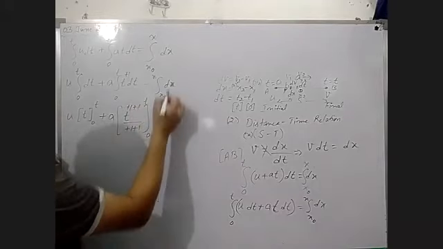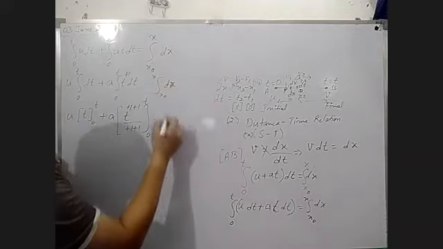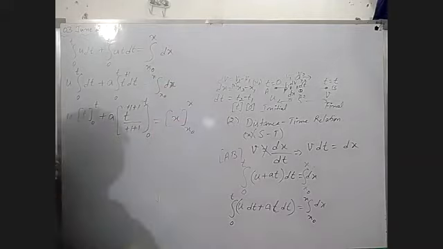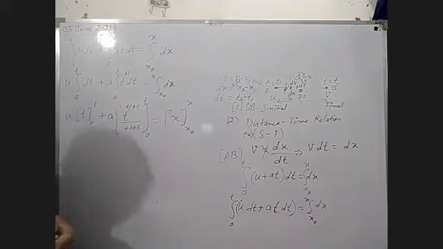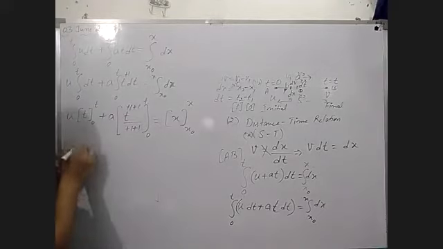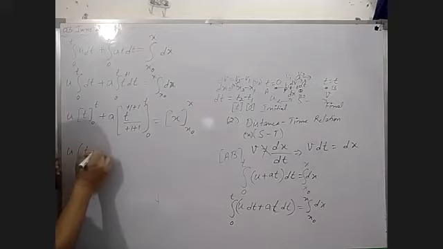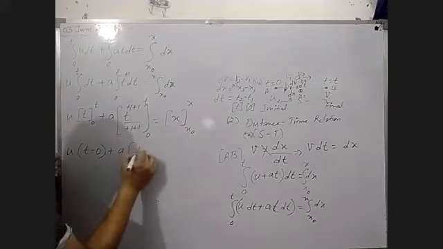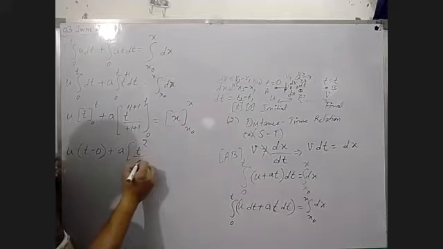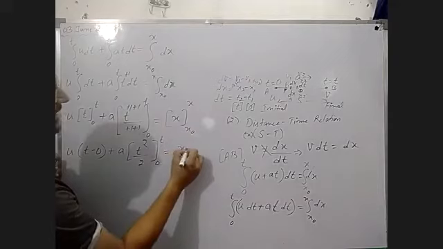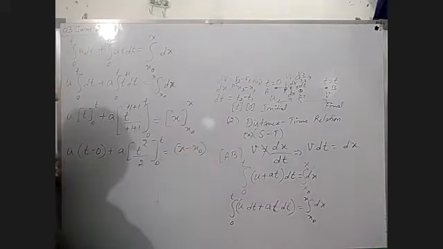Now, what is the integration of dx? x. Limit x0 to x. In this way, you have to take the integration. Now u times upper limit minus lower limit, plus a times t raised to the power 2 upon 2, limit 0 to t, and this becomes x minus x0.